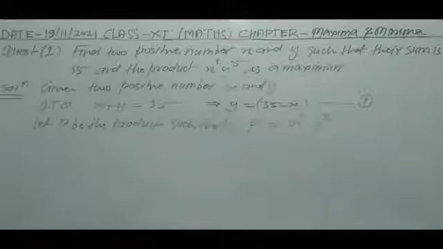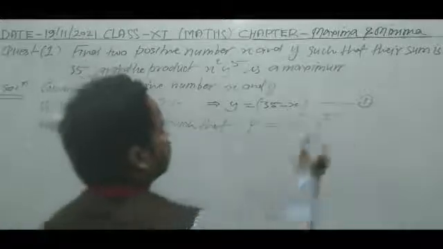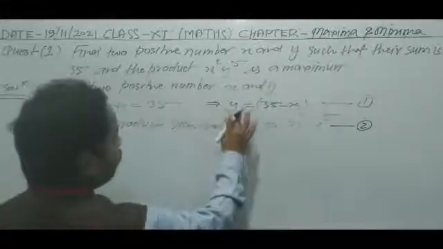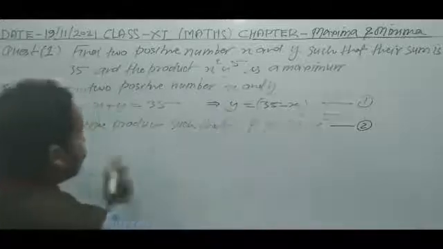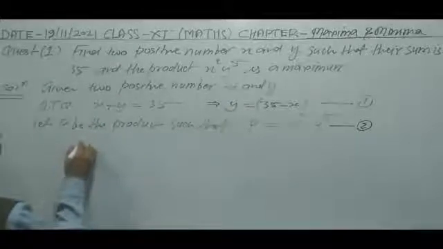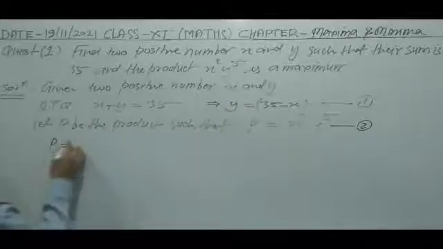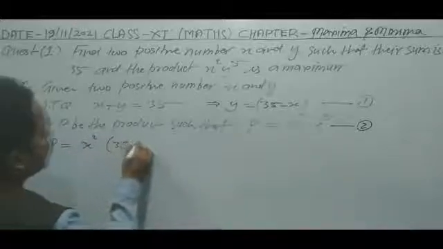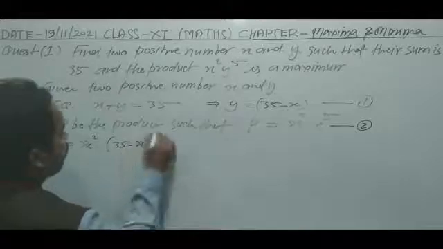Consider x square y to the power 5 as equation 2. Now the value of y from equation 1 we are going to put in equation 2. This implies P will be equal to x square into 35 minus x, this is the value of y, to the power 5.